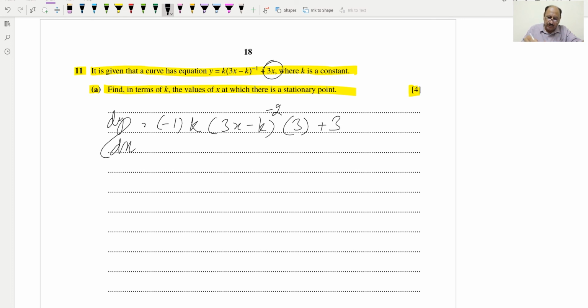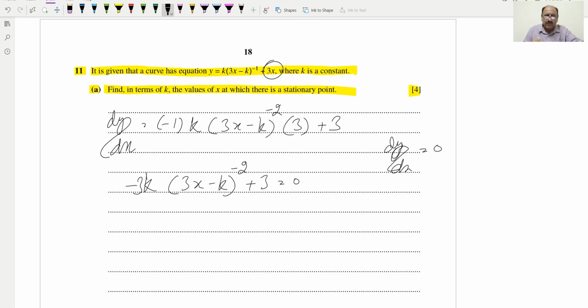Now we will put dy over dx equal to 0 for the stationary point, so it means minus 3k into 3x minus k raised to -2 plus 3 is equal to 0.